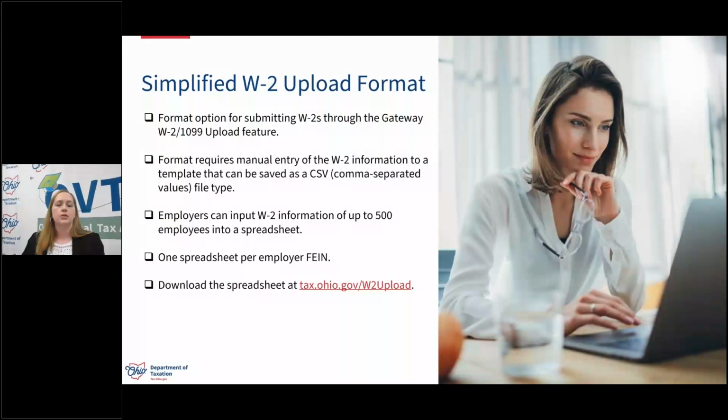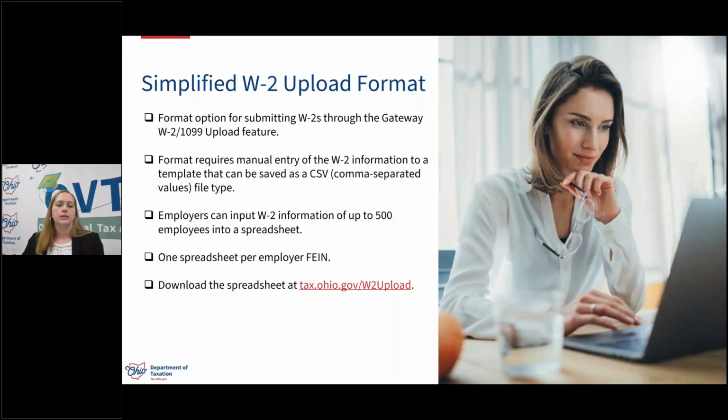Each spreadsheet allows you to input W-2 information of up to 500 employees. However, you can only have one spreadsheet per employer FANE. If you are someone who owns multiple businesses with multiple FANEs, you will need to complete one spreadsheet for each federal ID number for each company.